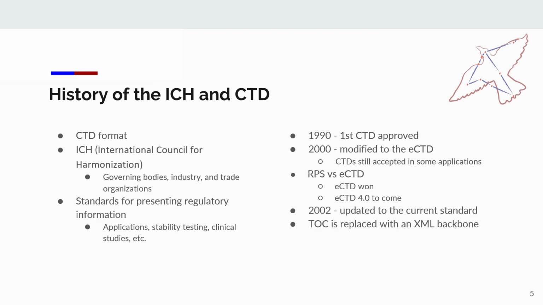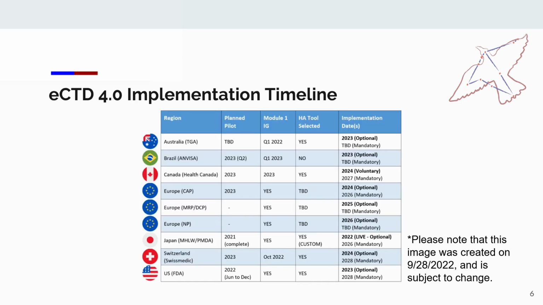Now, the structure is identical to the CTD except the table of contents. Instead of being an independent file, it is now an XML backbone. If this is the first time hearing about eCTD 4.0 and you are now worried about figuring it out, there is still plenty of time before it starts to become mandatory. As seen from this chart, different regulatory bodies will determine when eCTD 4.0 becomes mandatory.